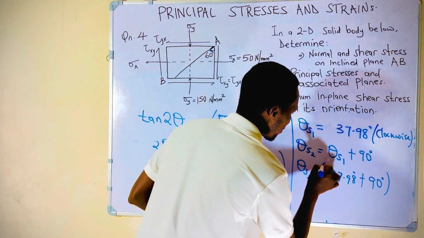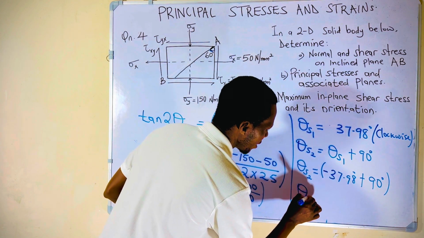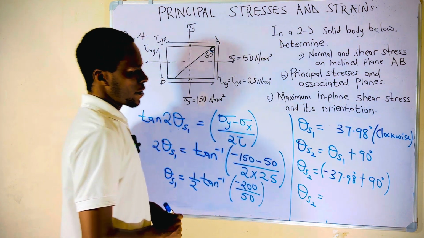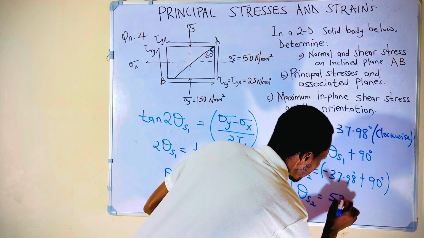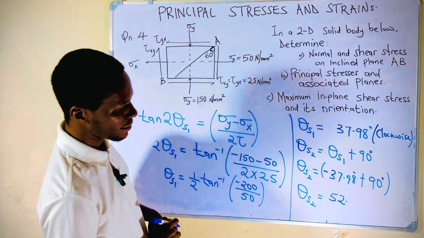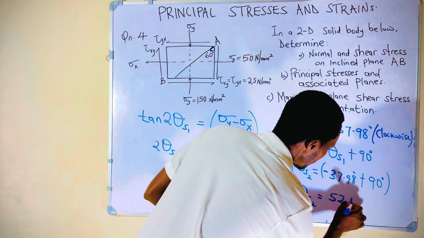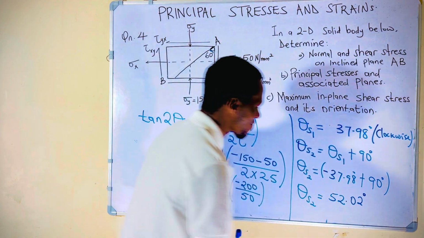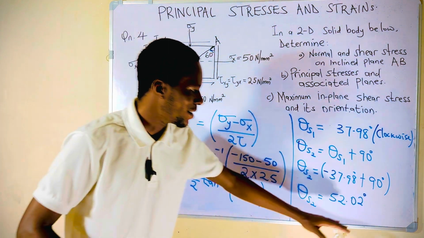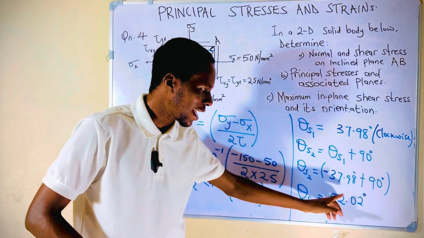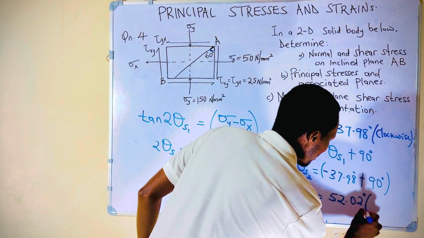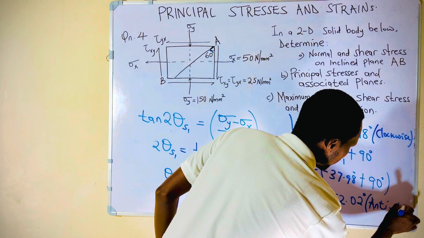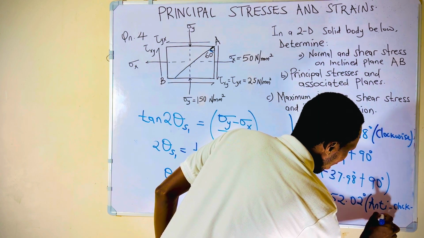So you got to add these two values. Then you get the value of theta S2. And this is supposed to give you something like 52.02, something like that in terms of degrees. These are the two answers, and here it is positive. It means it is acting anti-clockwise.